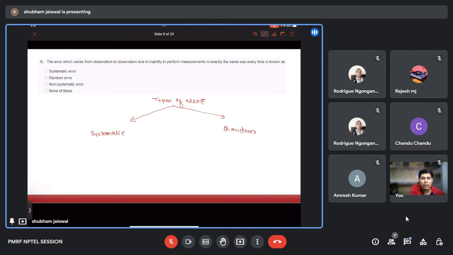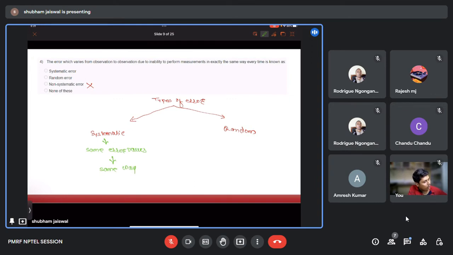So we can eliminate one option directly, that is non-systematic error. The systematic error is the error where the error value is the same when the experiment or the measurement is carried out in the same way.